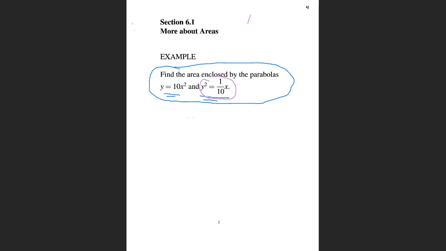Keep in mind, if y squared equals 1/10 x, that means y equals plus or minus the square root of 1/10 x. And the reason I have the 1/10 there, I think about your homework.